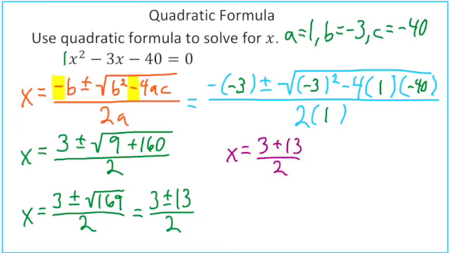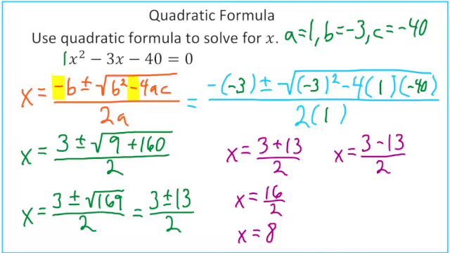We could have 3 plus 13 divided by 2, and we could also have 3 minus 13 divided by 2. Then we simplify these separately. On the left, we get 16 divided by 2, which is 8. And on the right, we get negative 10 divided by 2, which is negative 5.